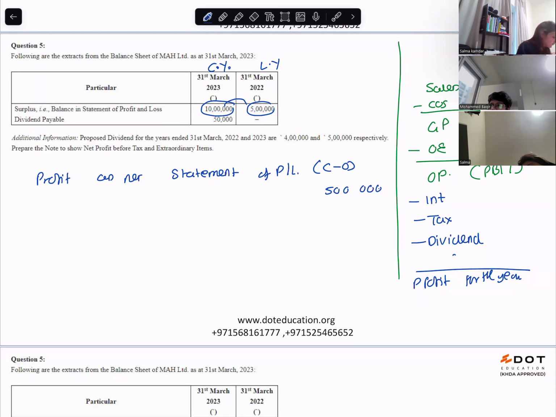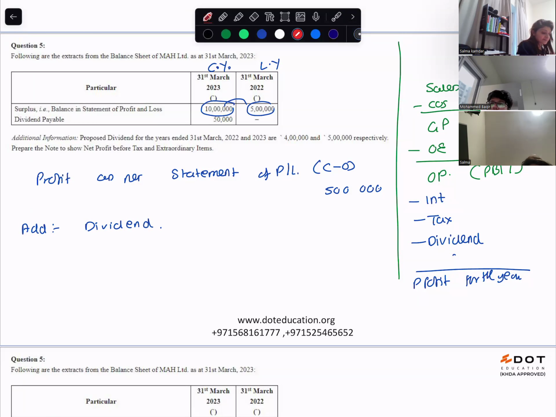Now here we have only information about dividend. So I will add dividend. Which dividend will you add?